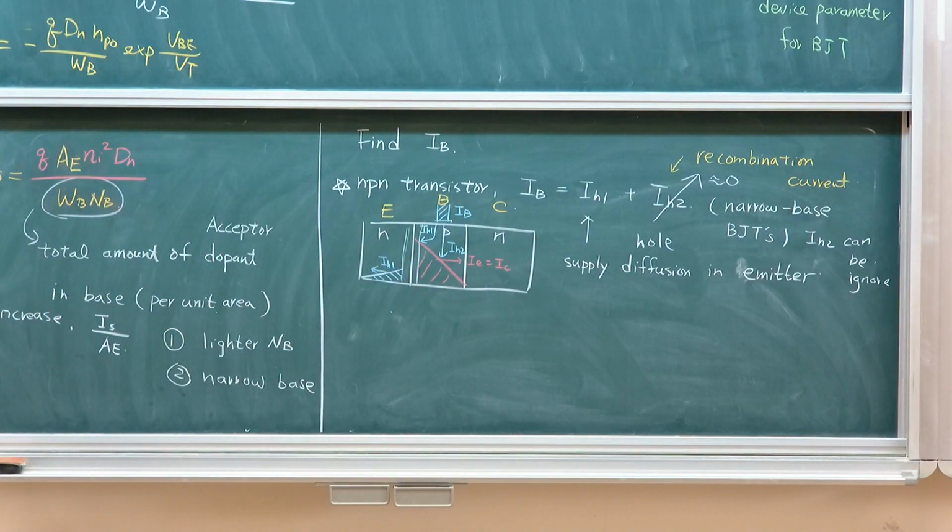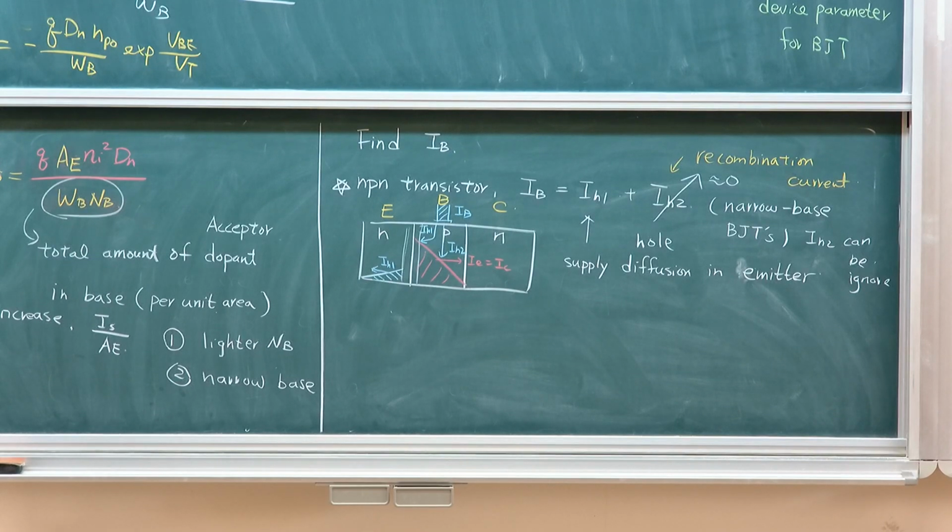Why? How does one make that possible? How do you control the minority carrier concentration?